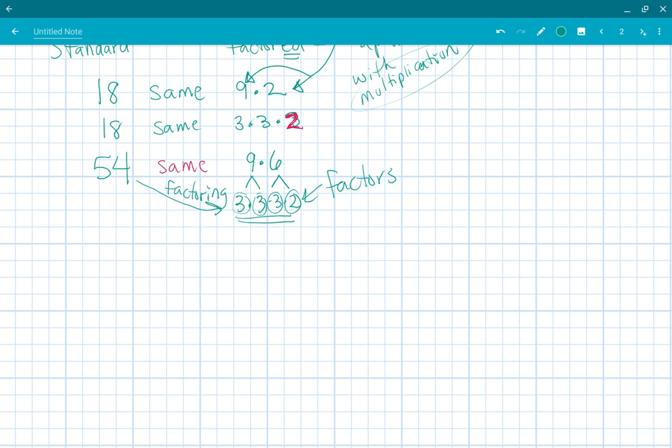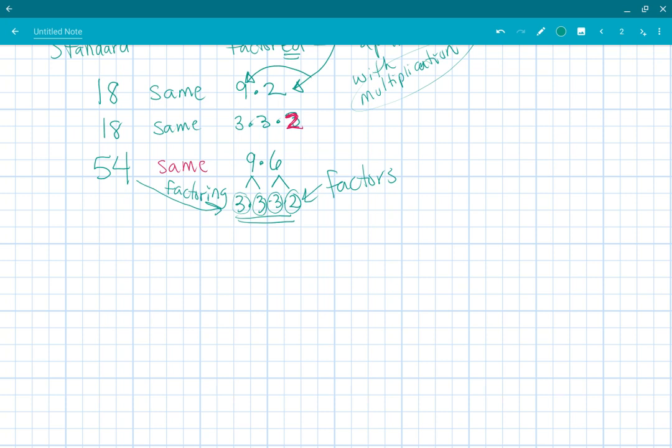I'm factoring something, and when I'm done with it, I'm calling them factors. So every once in a while, I'm going to tell you, you need to factor this, and what you've got to hear is, I need to break it apart. And then I'll say, what are the factors? They're the things that got broken apart by factoring.